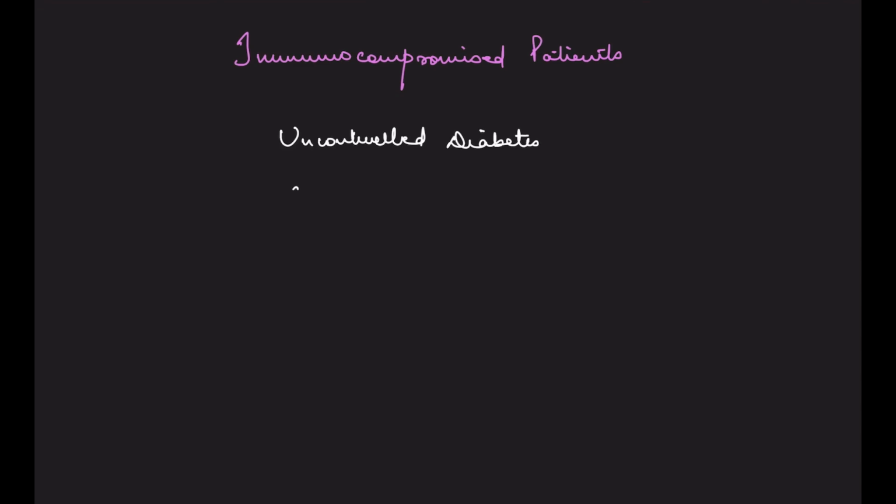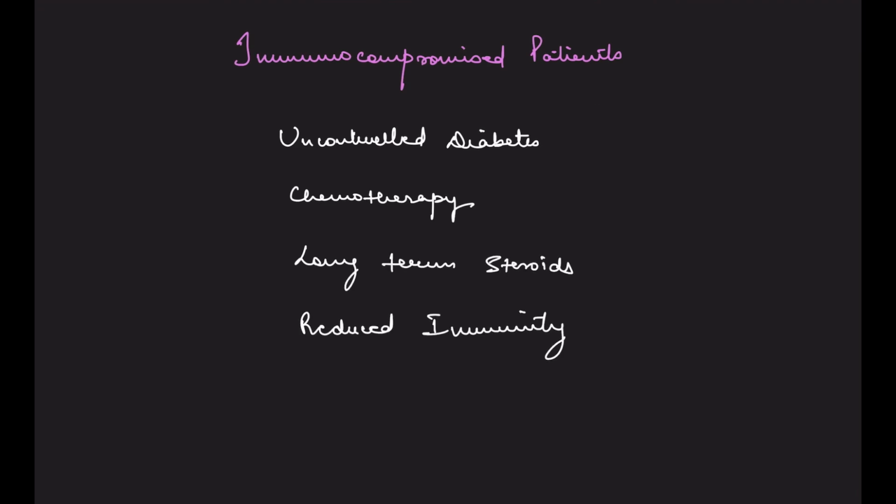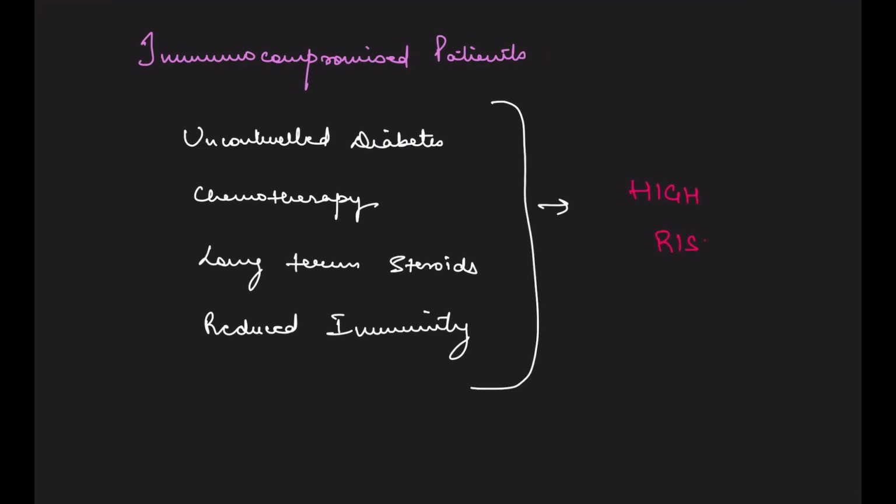Another important indication is in immunocompromised patients where even a localized dental infection can become serious. This includes patients with uncontrolled diabetes, patients undergoing chemotherapy, patients on long term steroid therapy, or patients with other conditions that compromise immune function.